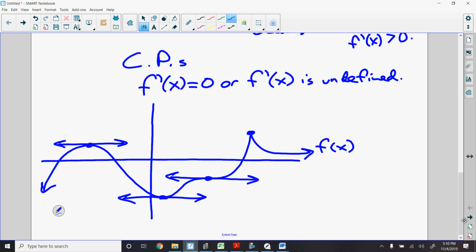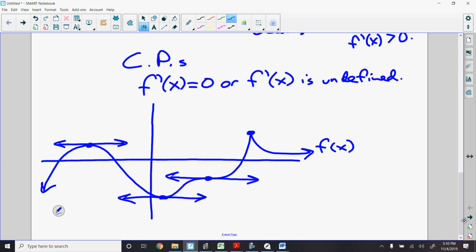Okay, so we see 4 critical points there. The 3 on the left side, it appears that f prime of x equals 0 because I have a horizontal tangent line. The one on the right, f prime of x is undefined because there's a cusp there, and I can't take the derivative at a cusp. It breaks differentiability, like yesterday's video.